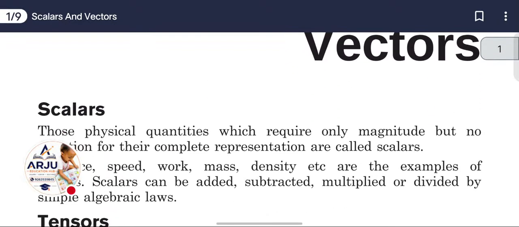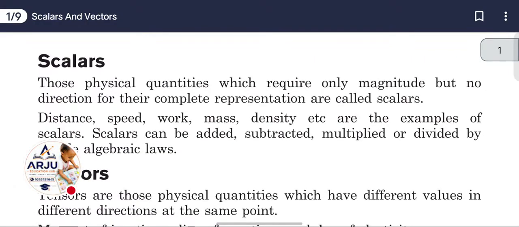A scalar. What is a scalar? Those physical quantities which require only magnitude but no direction for their complete representation are called scalar quantities. Suppose any physical quantity has only magnitude but no direction, then we can say that quantity is known as a scalar quantity.